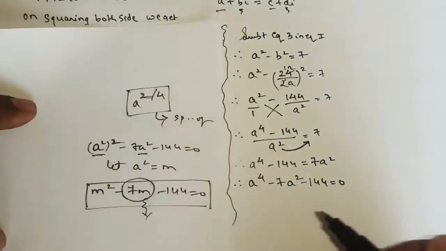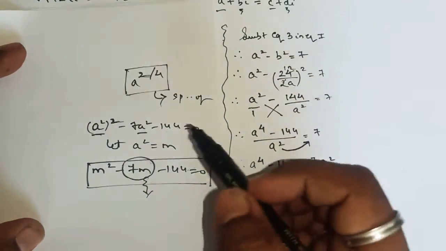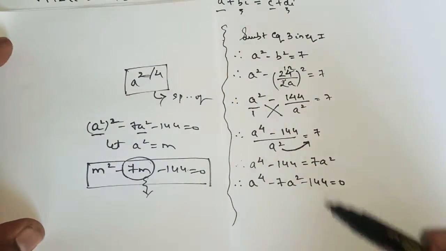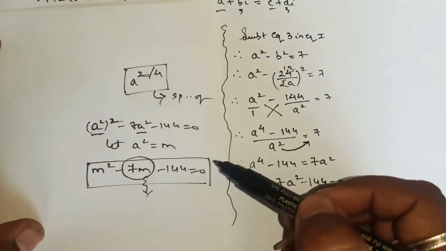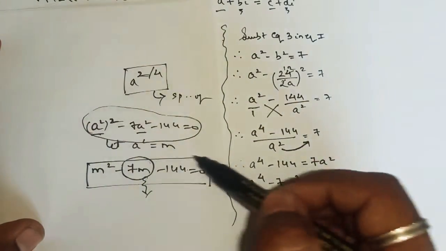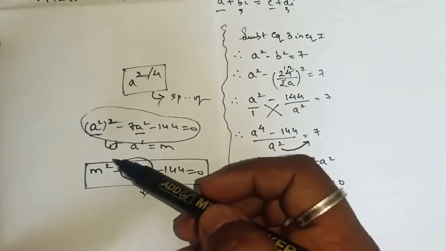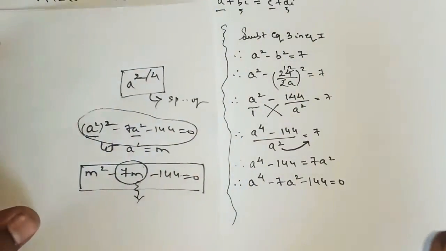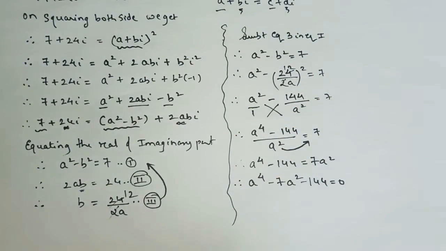You can solve this sum further by using this method also, just by taking let a square as m. Means in simple language, convert this equation in a proper quadratic form. As we know that quadratic means what? When the power of the variable is 2, it is known as quadratic. Or else just by keeping a raised to 4 as it is, still we can find our answer.